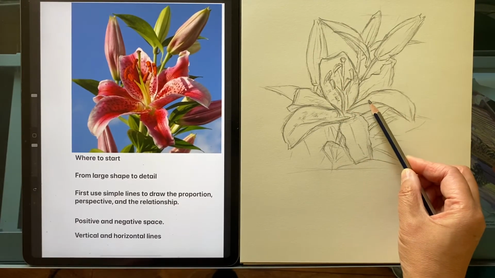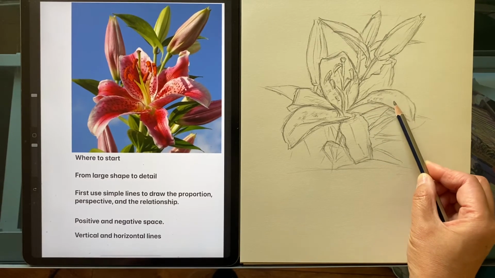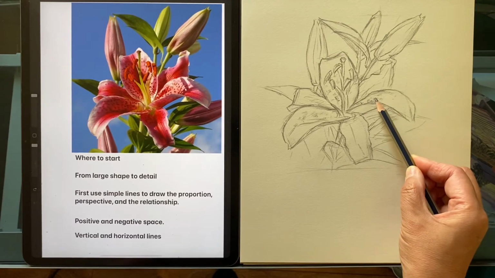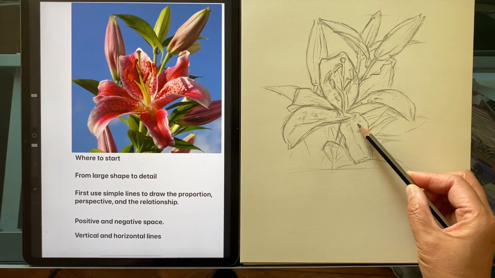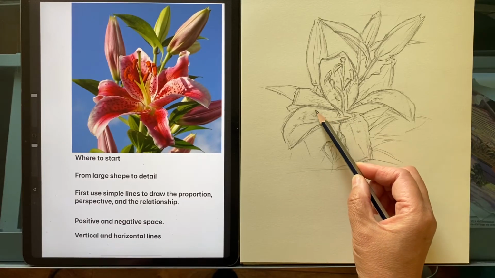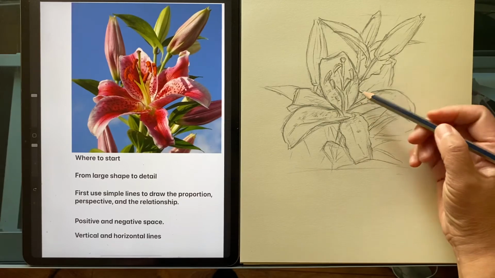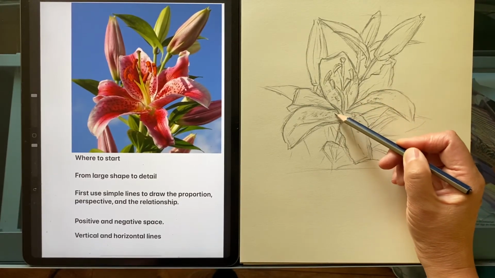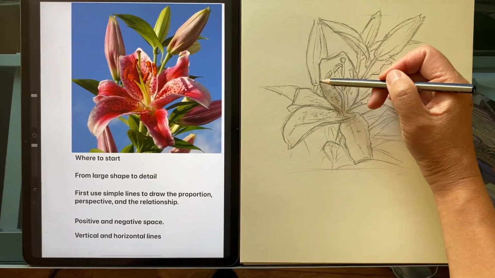And the dots you put some dark, some light, some closer, some far away. That's how you sketch it.